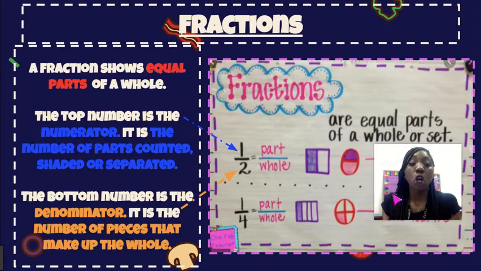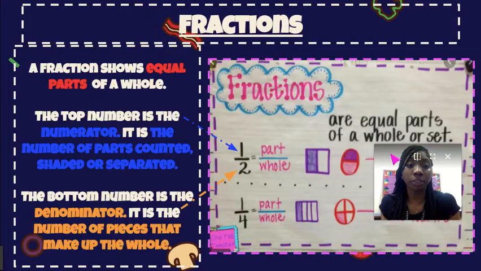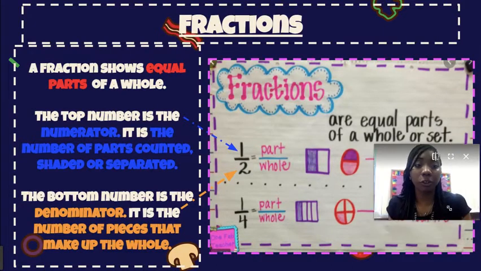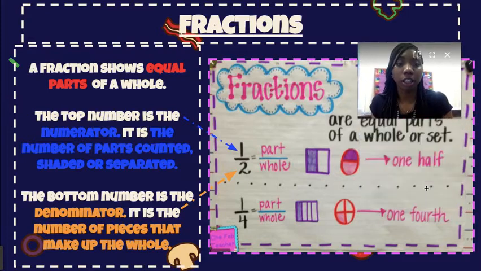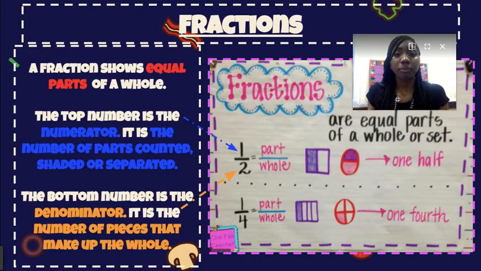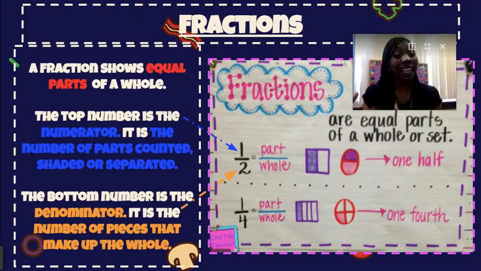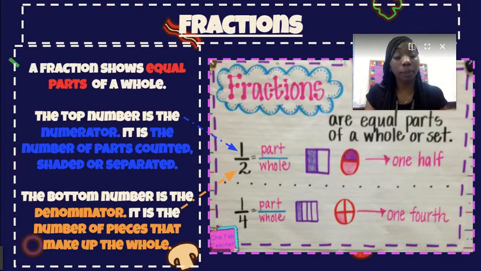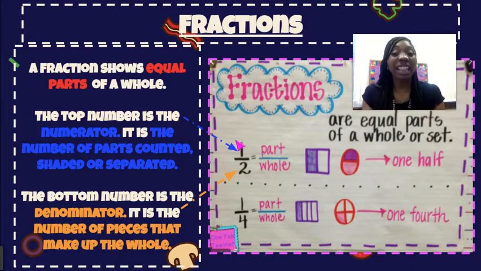So let's look, and Miss Dennis is going to move herself over a bit just so we can really look at our chart. So here we go. Remember that a fraction is an equal part. That's very important because all of the parts have to be equal. So a fraction shows an equal part of a whole. And remember that this top number here is called the numerator.